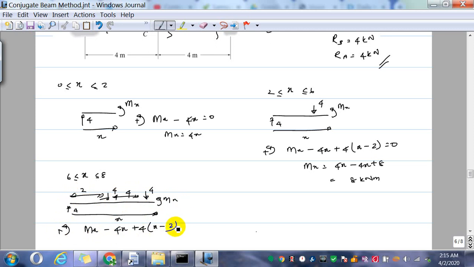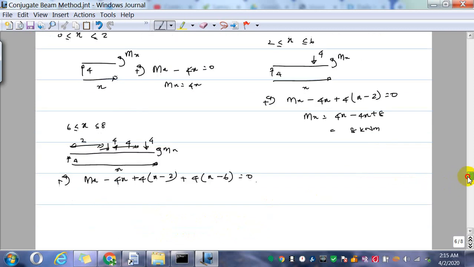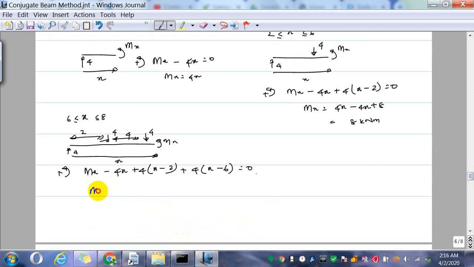Okay, so Mx minus 4x plus 4(x minus 2) plus 4(x minus 6) is equal to 0. So in that case, Mx is 4x minus 4x plus 8 minus 4x plus 24.